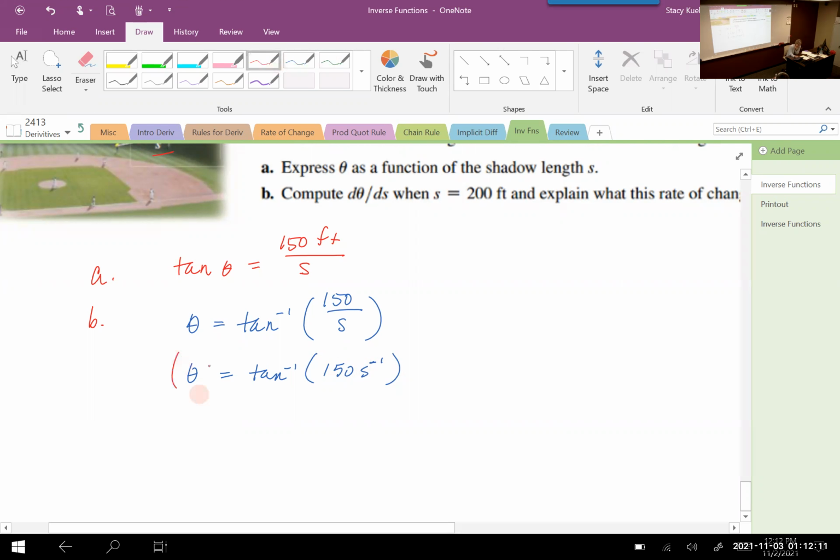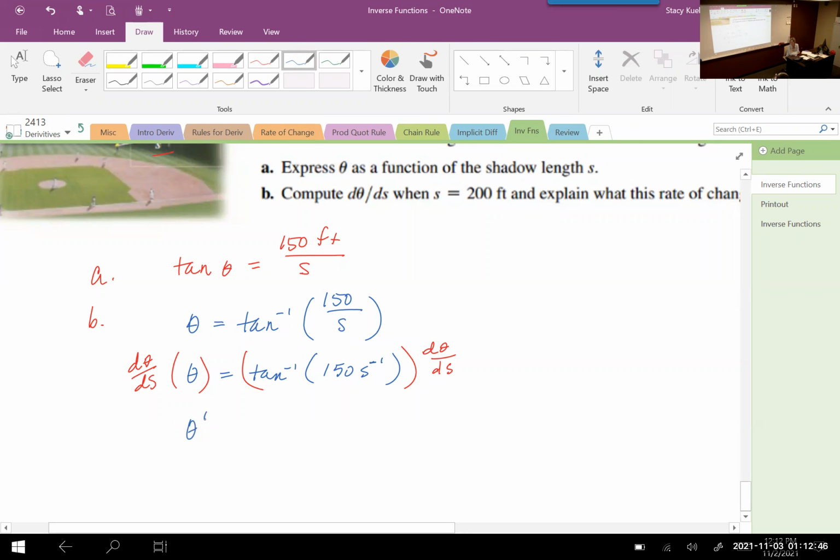So we're going to take the derivative of theta with respect to s, or in other words, I'm just going to take the derivative of both sides, implicitly is what we're doing here. So the derivative of theta with respect to s is just theta prime, right?